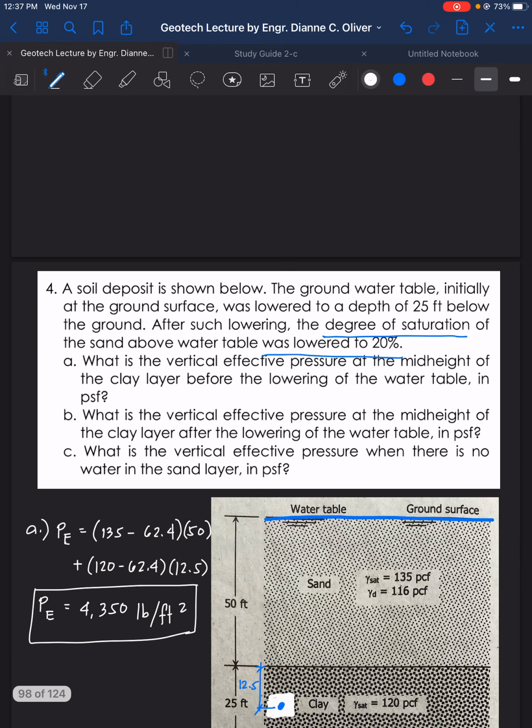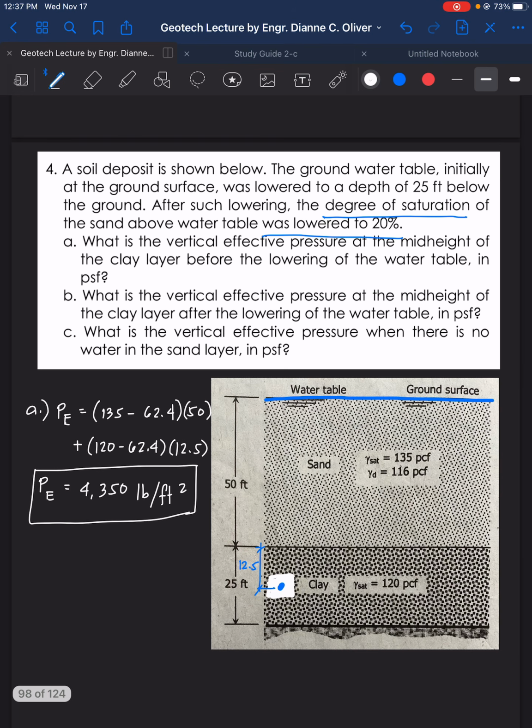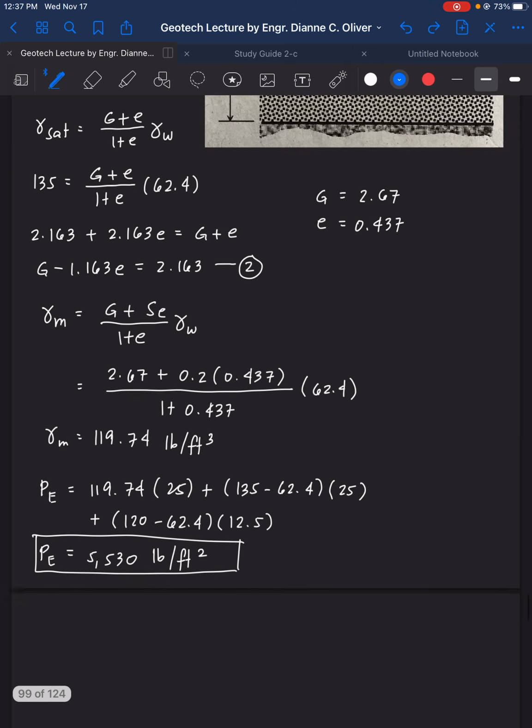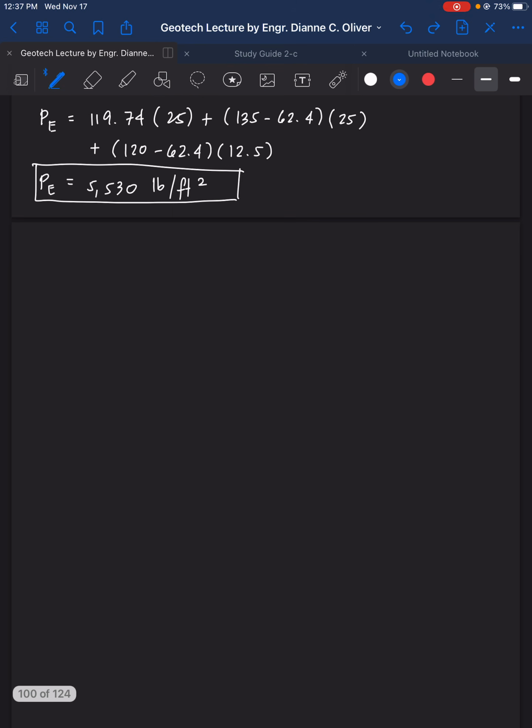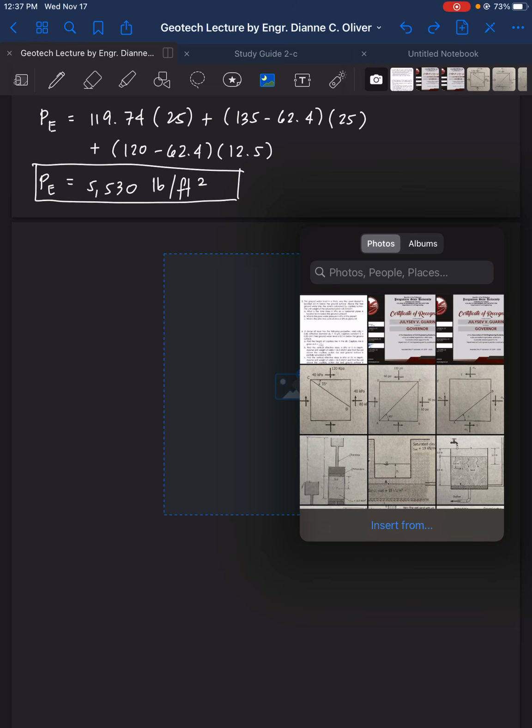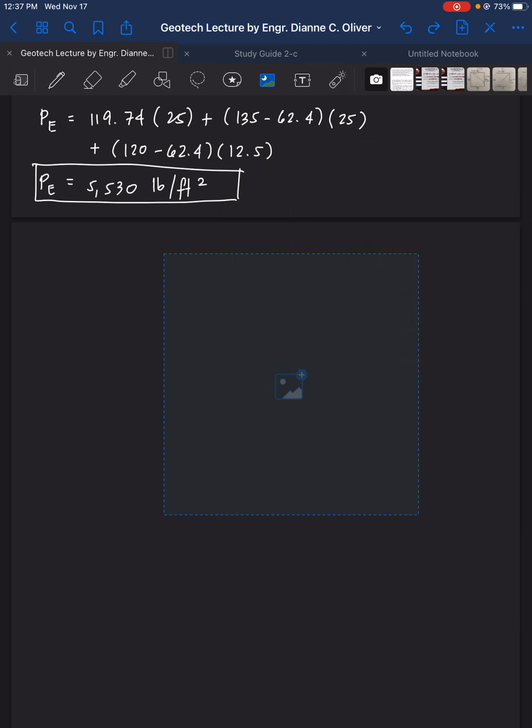The third condition here is find the vertical effective stress when there is no water in the sand layer. So meaning the water table is located here in the boundary of sand and clay, the division of sand and clay. So again, let's have a picture.